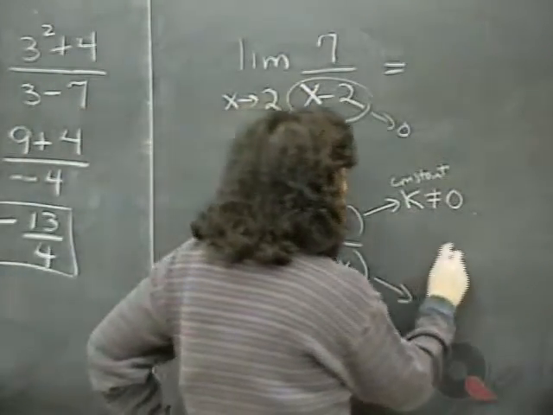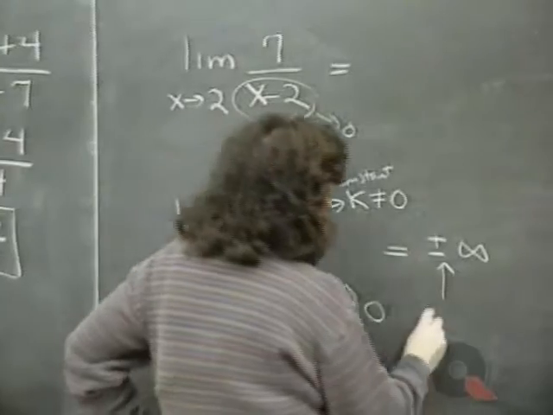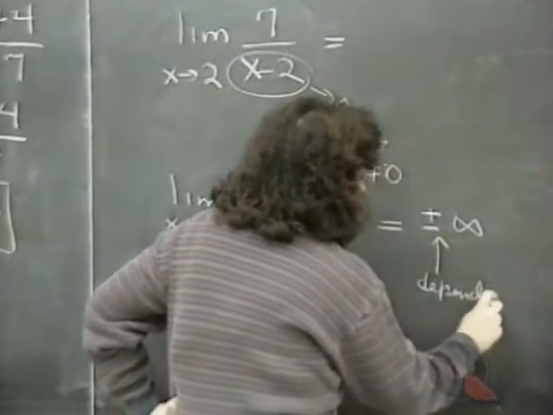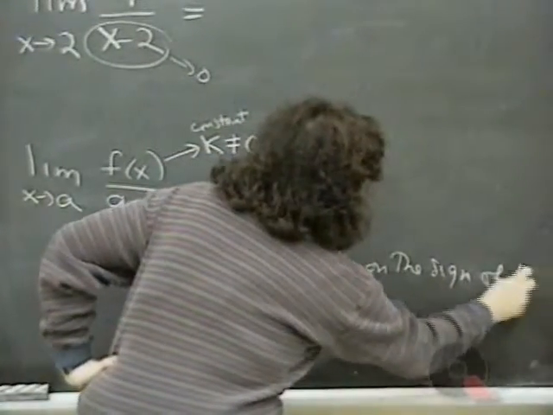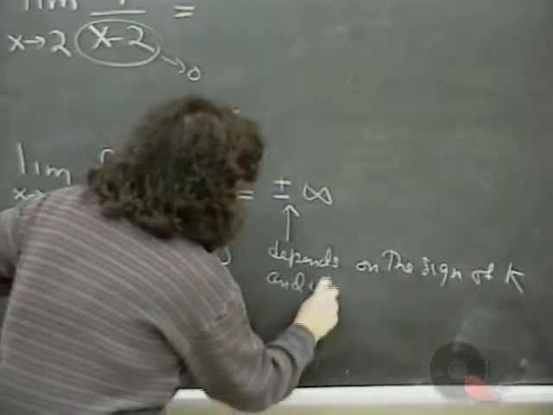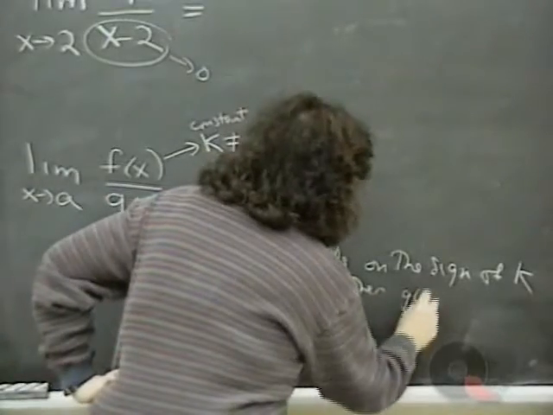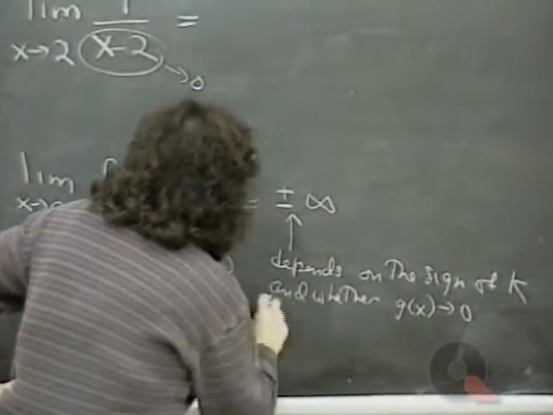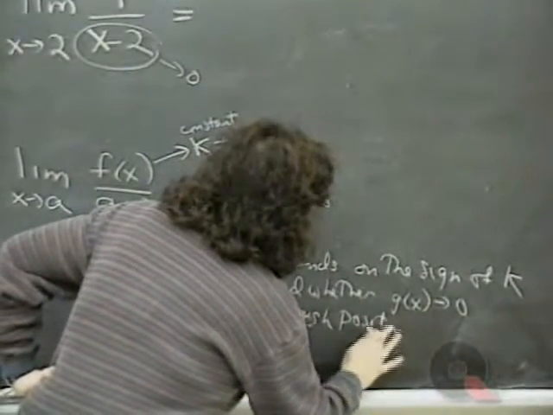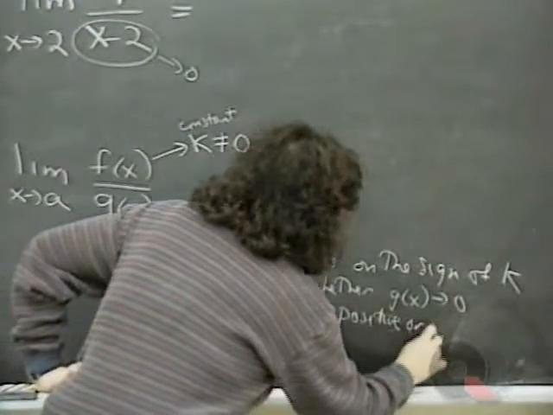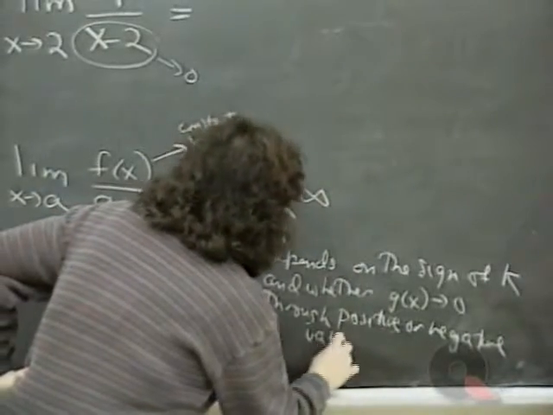This limit will be either plus or minus infinity, where the sign of the infinity depends on the sign of k and whether g of x approaches 0 through positive or negative values. And we'll discuss how we would determine that in a moment.